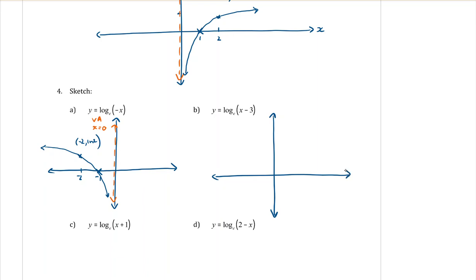So instead of it being at 0, we now have our vertical asymptote over here at 3, and I'm going to still write on it vertical asymptote x equals 3. And those other 2 key points have also been moved across 3 places.